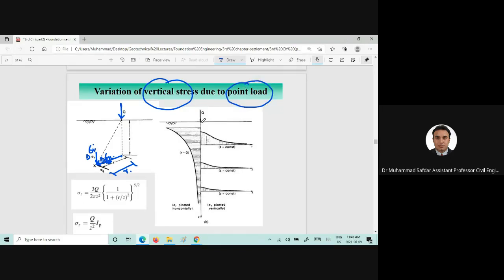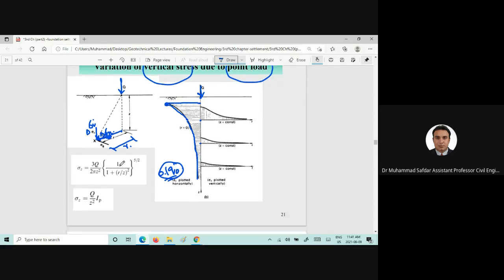Now as we go deeper, at this particular point the stress increase due to the point load would be higher, and as we are going downwards beneath the foundation, this stress increase will become less. Okay, and then we will reach a point where we will come up with 0.1 or 10% of the contact pressure.